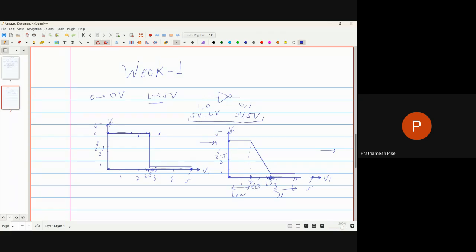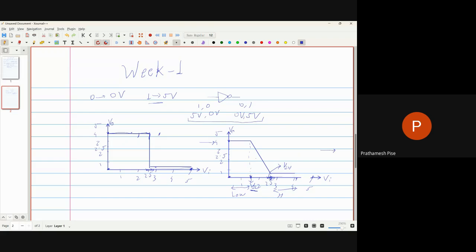Any voltage below this VIL will be considered as logic low at our input. And this voltage here is VIH. Any voltage higher than this point will be considered as logic high. Exactly the same thing we discussed, and the same thing from which we made this graph. Just we are giving them formal names.